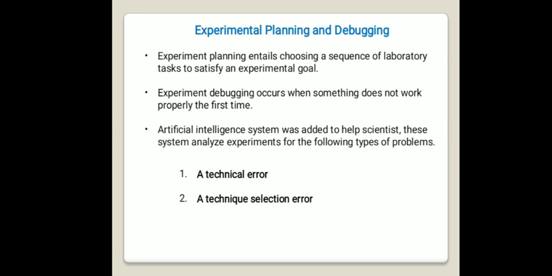Or technique selection, where the scientist chooses an exonuclease when he really wanted an endonuclease, or he forgets that chaotropic solvents interact unfavorably with certain enzymes. Or the third way is the overall plan was faulty. For example, the individual component steps of the experimental plan worked but did not solve the original problem.